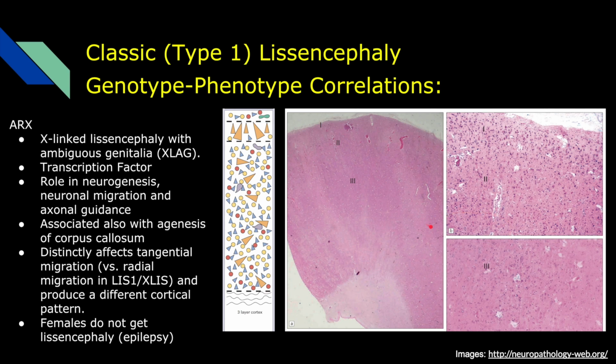So again, histologically, you have this three-layer structure where you have a hypercellular layer 1, which is unique, I guess, compared to the other lissencephalies. You have this second layer, which is composed of larger pyramidal neurons, and then you have a more heterogeneous layer 3 underlying this. I think this is from Ellison and Love. I apologize for that error.